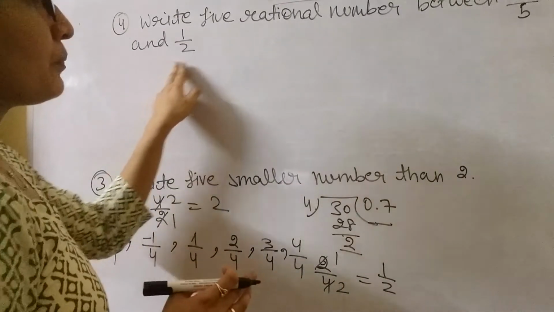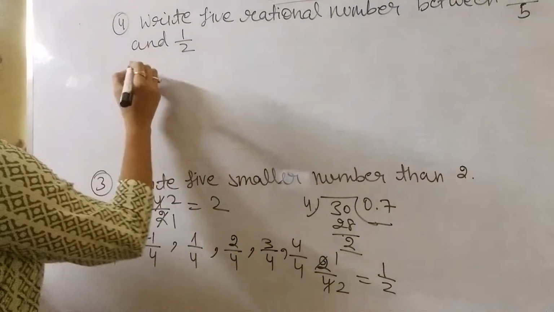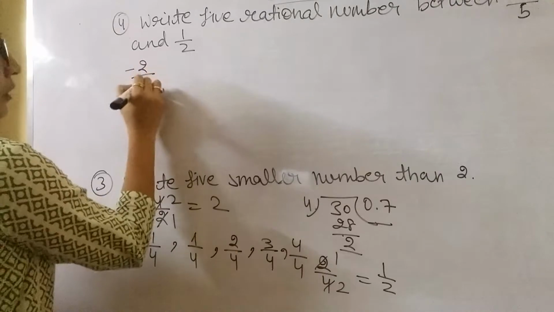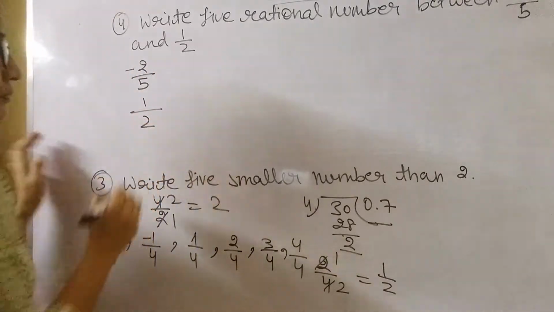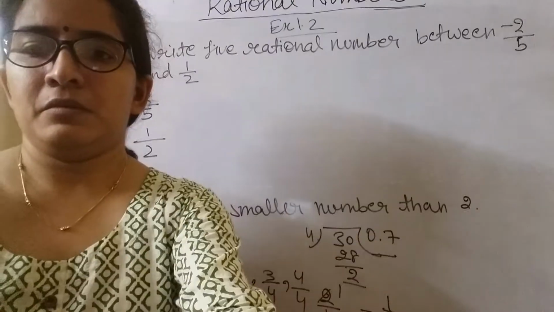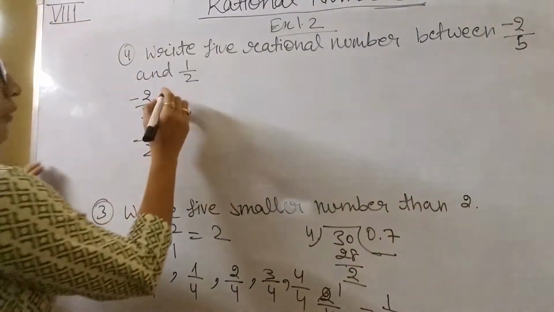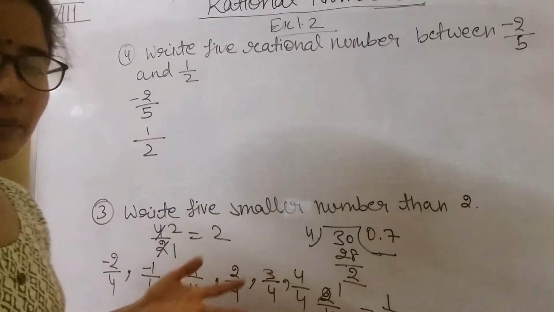Now for -2 upon 5 and 1 upon 2, we will make the denominator the same for these two numbers. So we will convert the denominators to the same number.